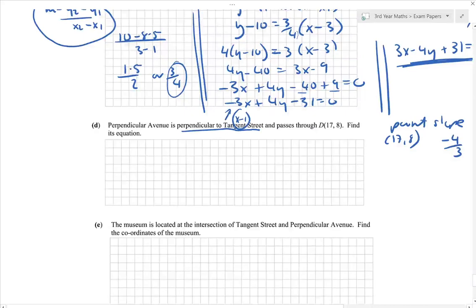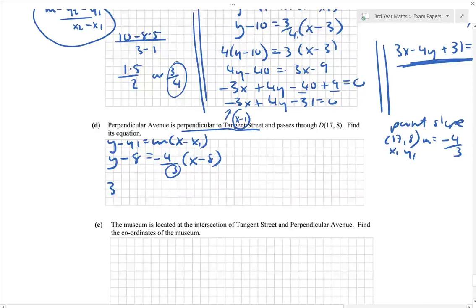So now, to find the equation of a line, you always write down your equation of a line formula and sub in x1, y1 and m. So y minus y1 is equal to m by x minus x1. To get rid of the divide by 3, you multiply the left hand side by 3. Effectively you are multiplying across by 3, which cancels this 3 here. 3 by y minus 8 is equal to minus 4 by x plus x minus 8.